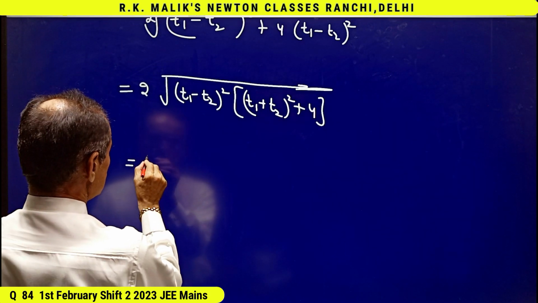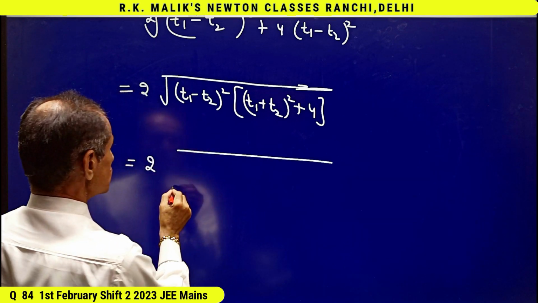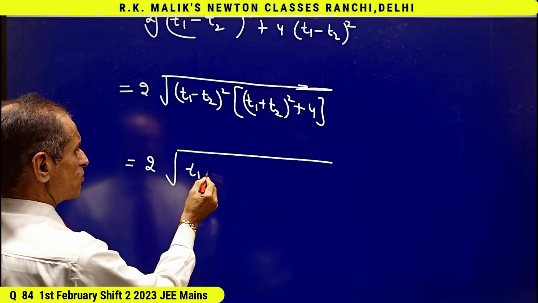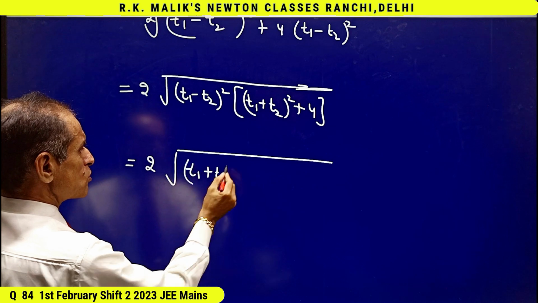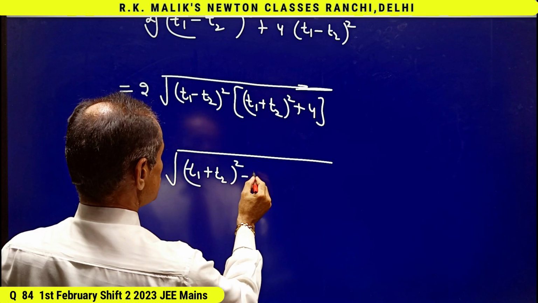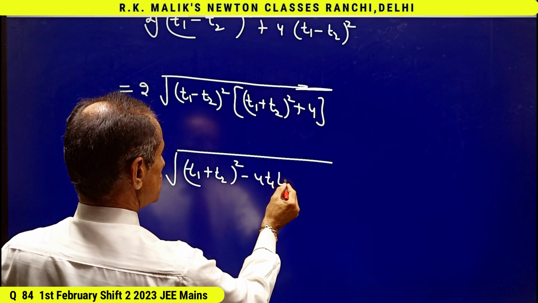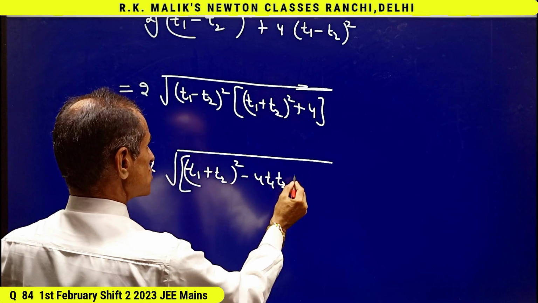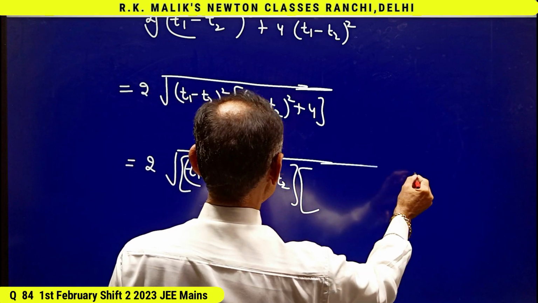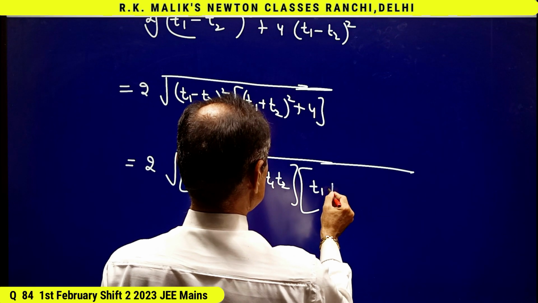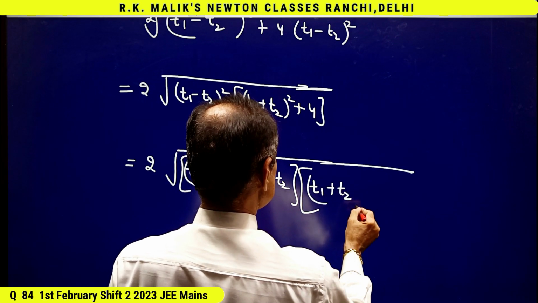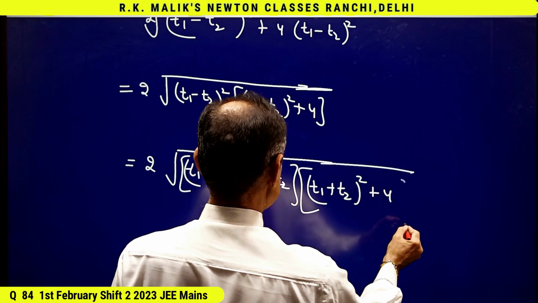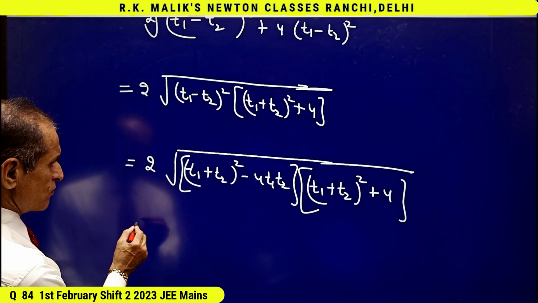This is equal to 2 under root of T1 plus T2 whole square minus 4 T1 T2 into T1 plus T2 whole square plus 4.